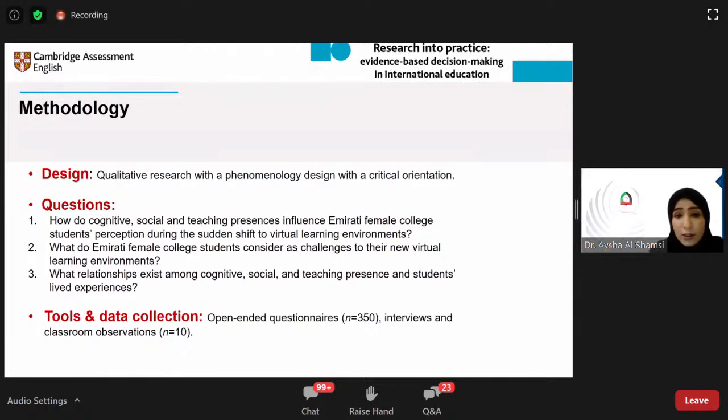For the second question, what do Emirati female college students consider as a challenge, I used both interviews and the open-ended questionnaire. And finally, regarding the relationships that exist among cognitive, social, and teaching presence, I used the open-ended questionnaire integrated with the classroom observations and interviews.